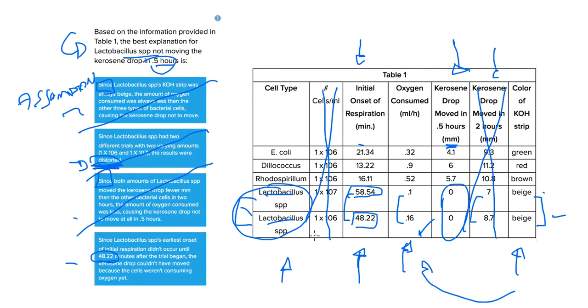The lactobacillus didn't start having respiration until after almost a full hour went by, like 48 minutes or 58 minutes. So half an hour into the experiment here, of course the kerosene drop won't have moved because respiration isn't happening yet. The onset isn't until way after half an hour. So that makes sense. The kerosene drop couldn't have moved because the cells weren't consuming oxygen yet. Yep, that has to be the right answer.